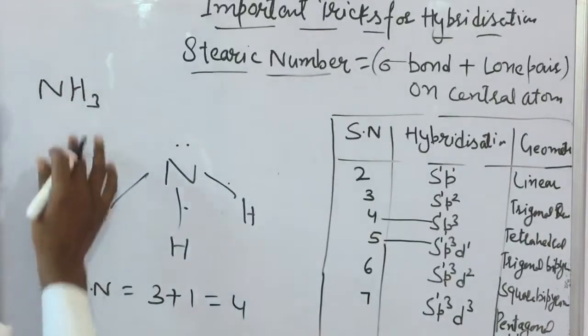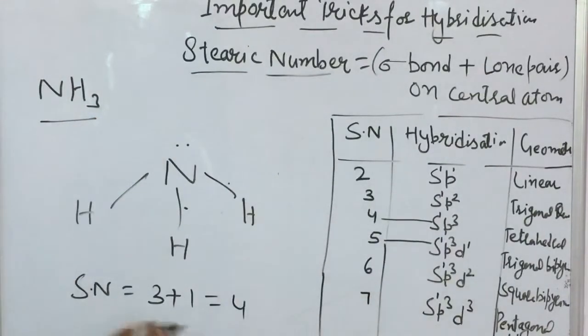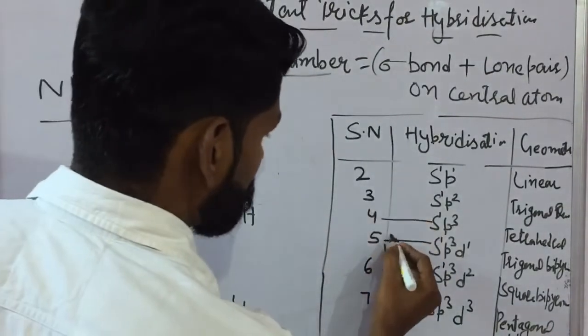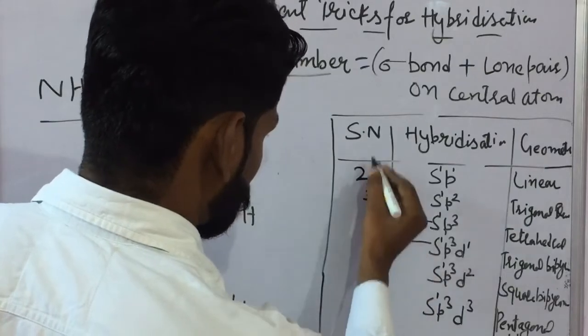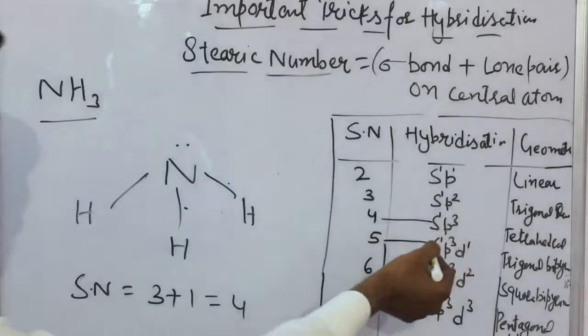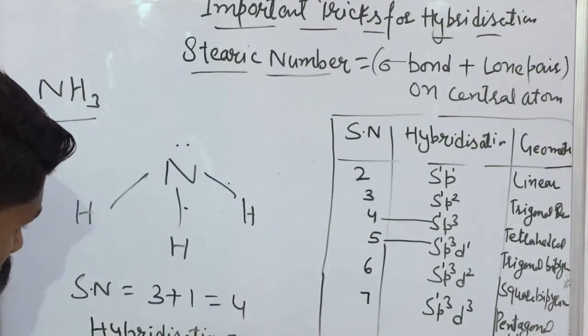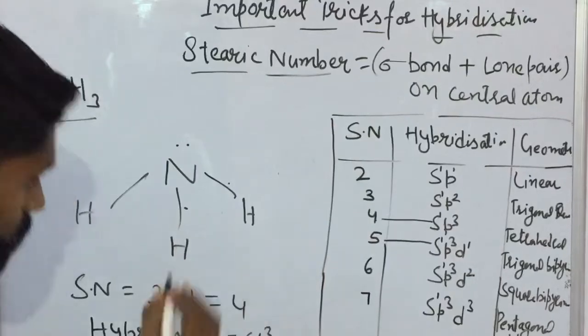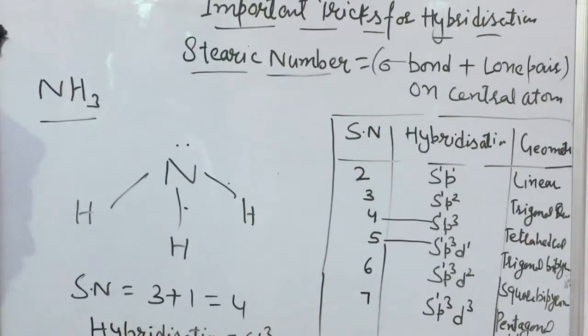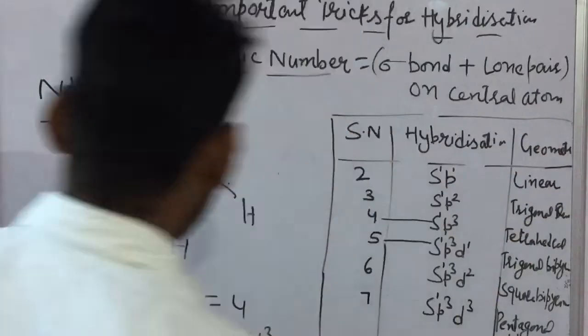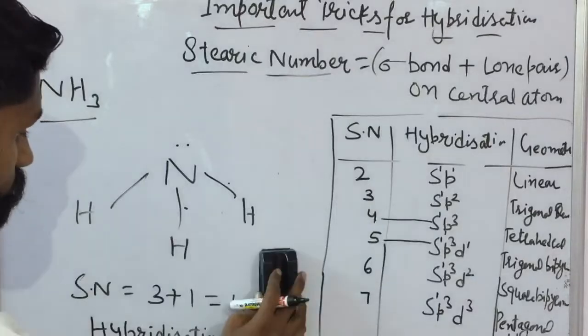So the steric number for ammonia comes to 4, and for steric number 4, the hybridization again comes to sp3.